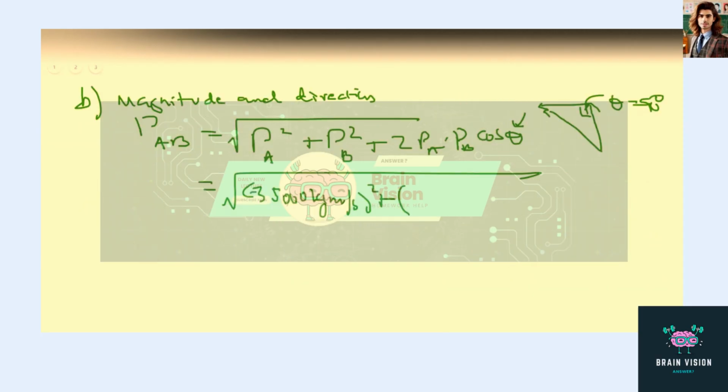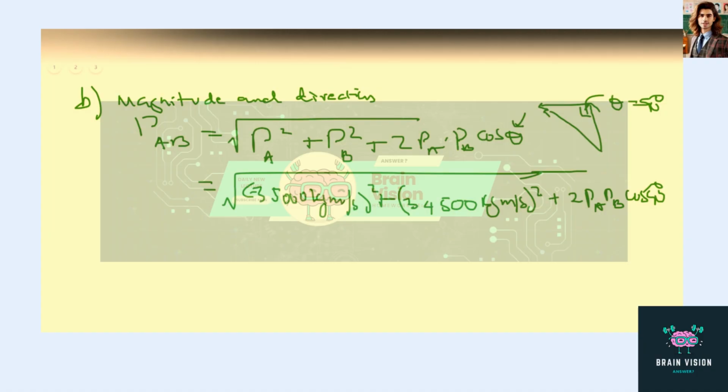But eventually when you square that, you'll see that the negative will disappear. So this is kilogram meters per second. That's the square of the momentum for B, and then plus 2 P A P B cosine 90.